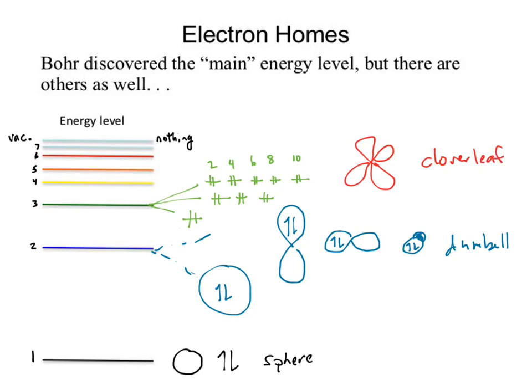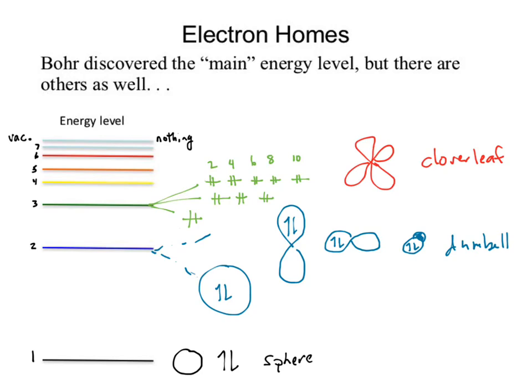Probably the only one that actually makes sense to anybody is the sphere, and everything else you're like, you're just making that up. Yes, we are. But you're responsible for knowing that we made that up. Do we really want to call those first two columns the sphere block? It's not all that hard. Dumbbell block, cloverleaf block.